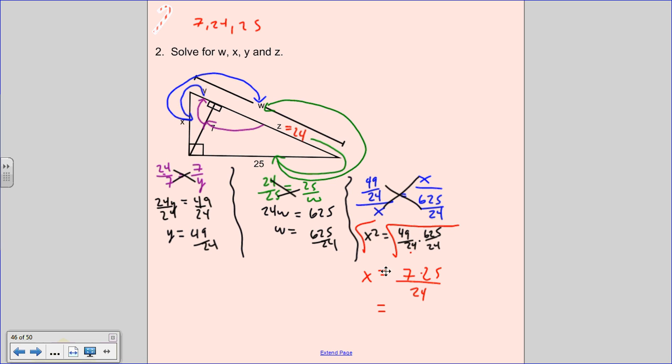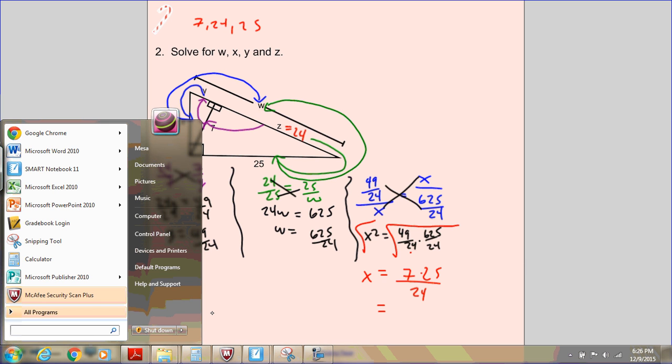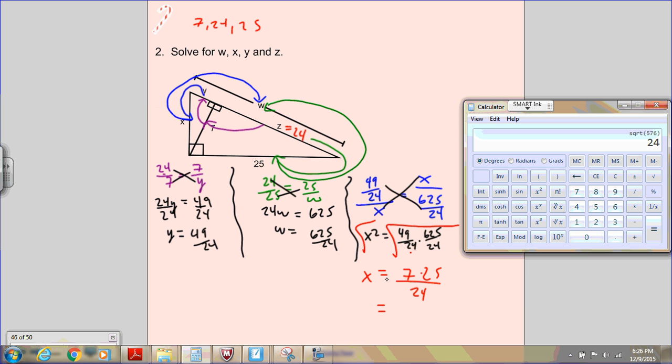So now I need to multiply 7 and 25 and then keep it over 24 as my final answer. And that's 175 over 24 for x.